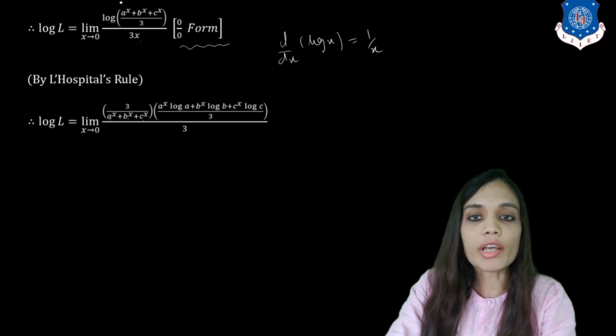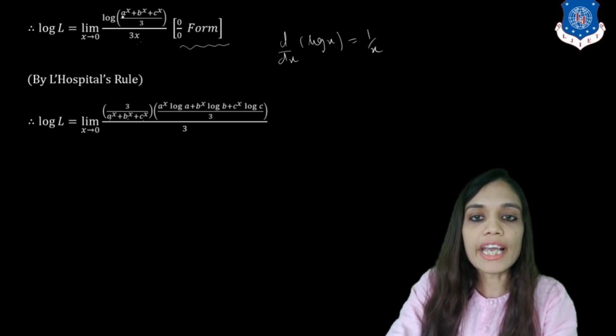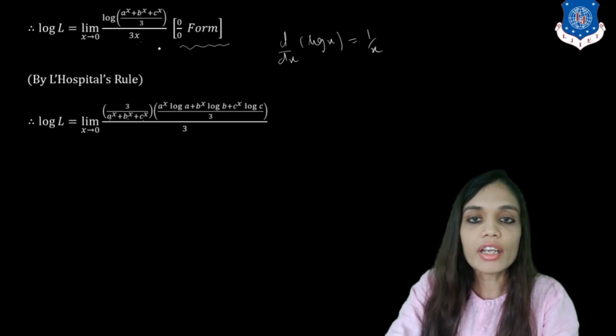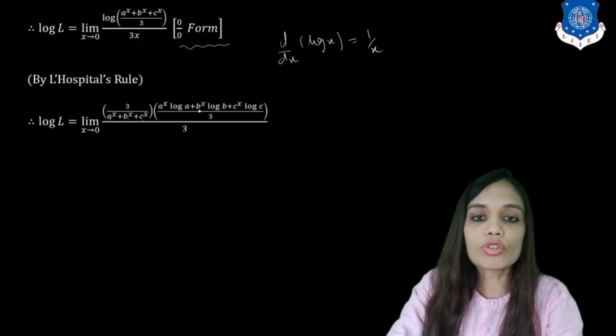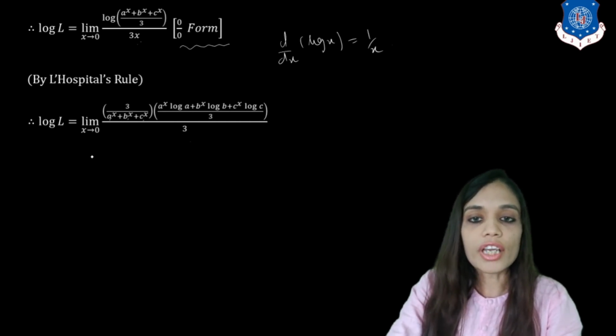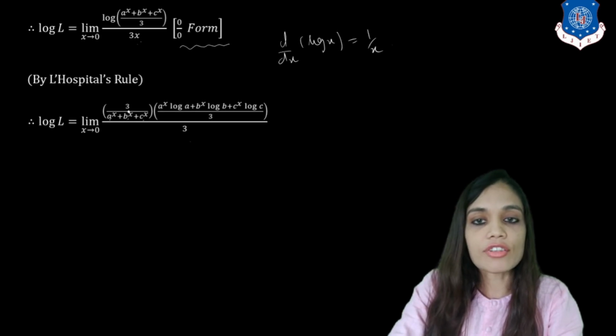Right? Now on applying chain rule, you will get derivative of a raised to x will be equal to a raised to x log a, derivative of this will be equal to b raised to x log b, and derivative of this will be equal to c raised to x log c upon 3, and derivative of this will be equal to 3. Okay.